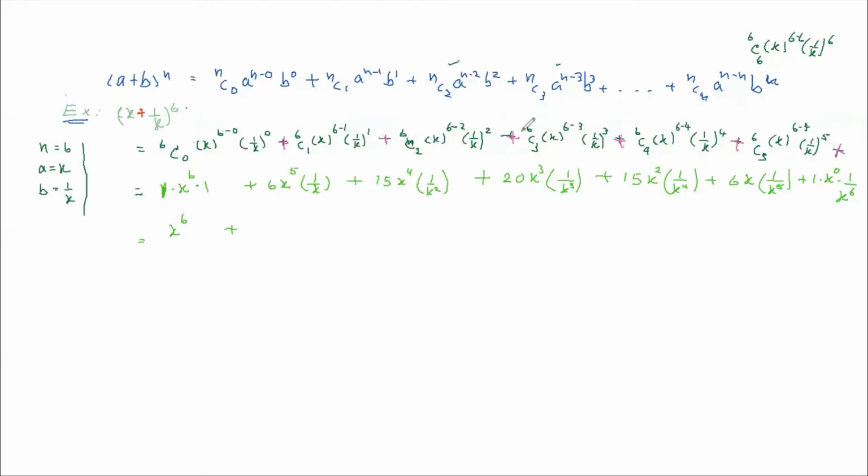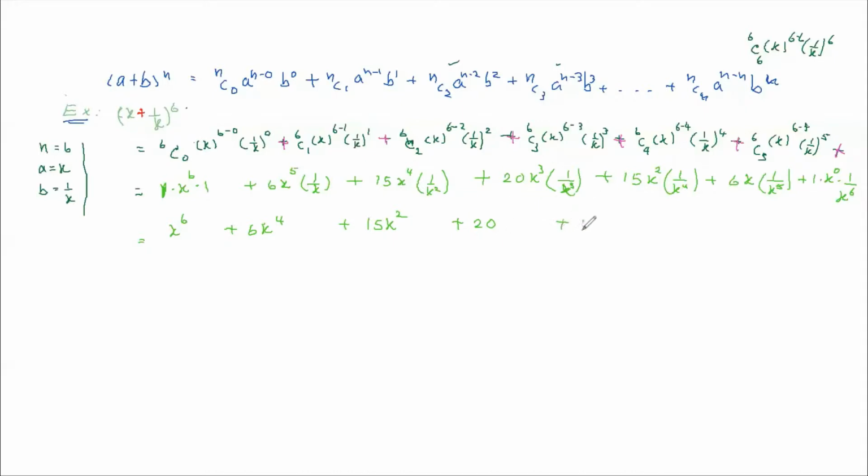Now we come to the second term: 6 x power 5 can be simplified with the 1 over x, so we are left with x power 4. And this term is 15, and x power 4 cut, we are left with x power 2 on the top. Plus 20, x power 3 over x power 3, so cut, left 1, so 20 times 1 is 20.